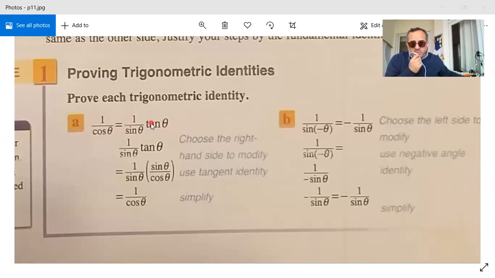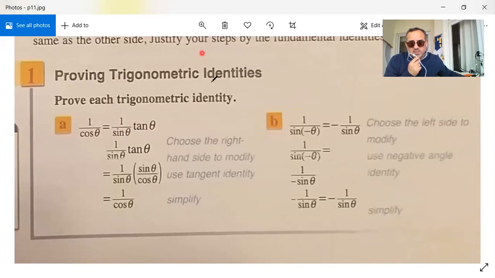We have to prove this. This is an equation, an equality. You have the left hand side and the right hand side. You start with one side as you like, left or right, then simplify, then you get the other side.